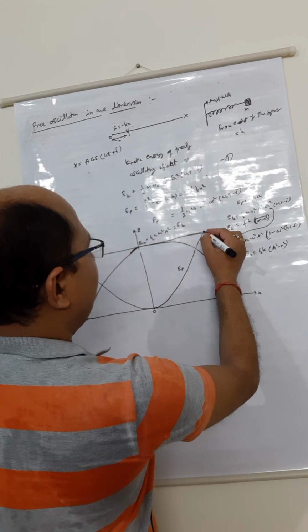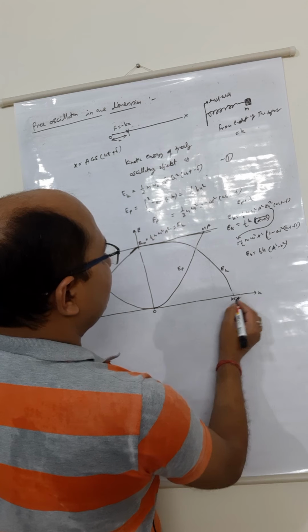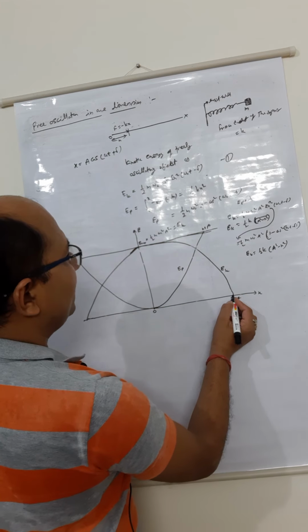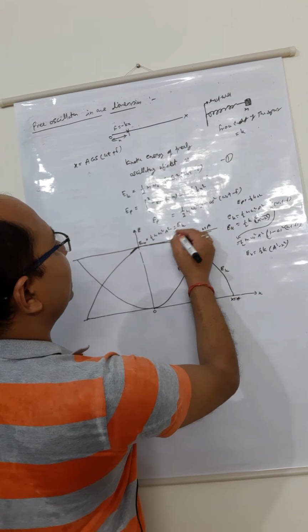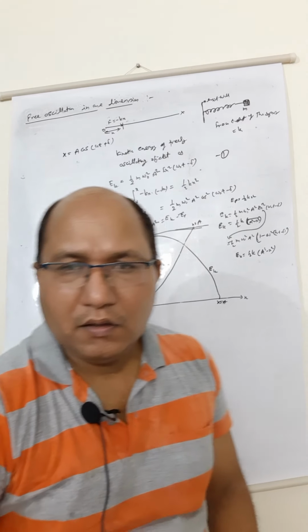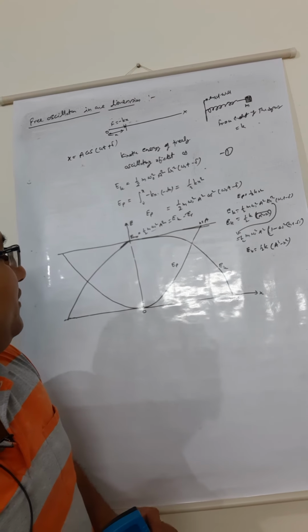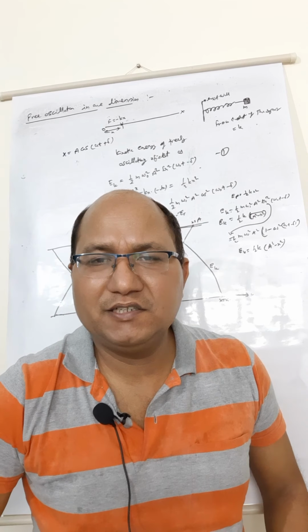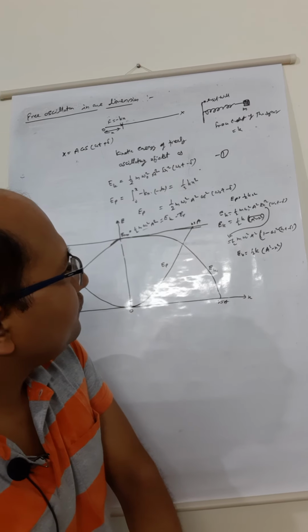And at amplitude x equals to A, kinetic energy comes out to be 0 and potential energy has the maximum value, and that comes out to be this much. This is a simple representation of potential and kinetic energy of the oscillating body in an oscillator, simple SHM motion.